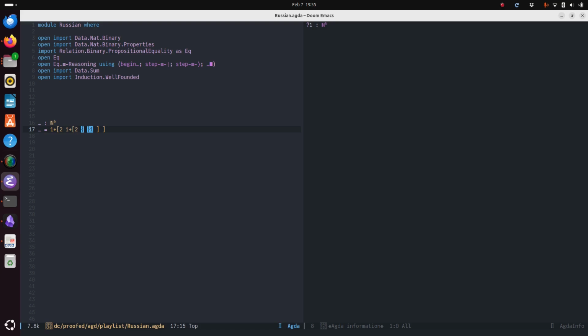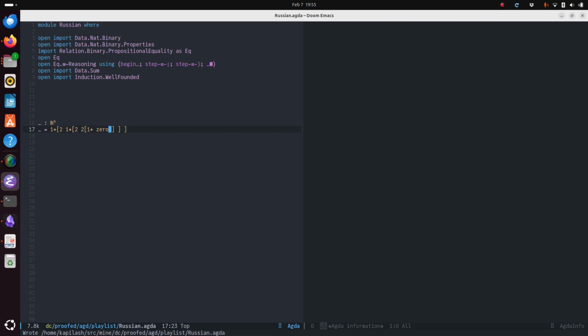Now 5 is 1 plus twice of 2. 2 is an even number, so we'll have to use the even constructor. Now 2 is twice of 1 plus 0. 0 is its own constructor. That's it. So we have 11 under this type.